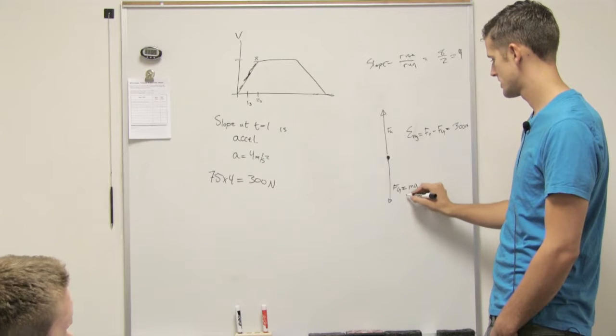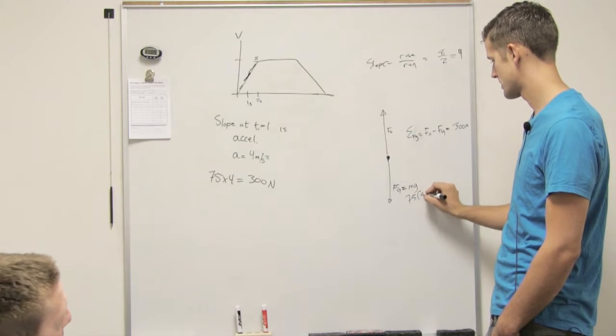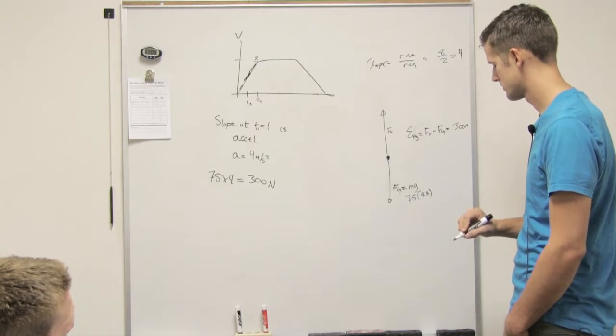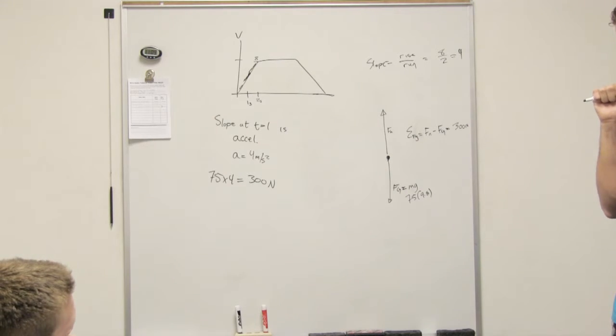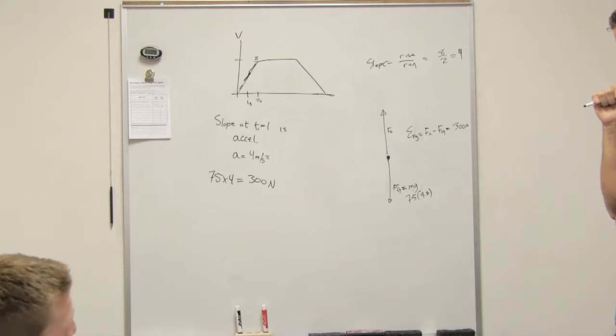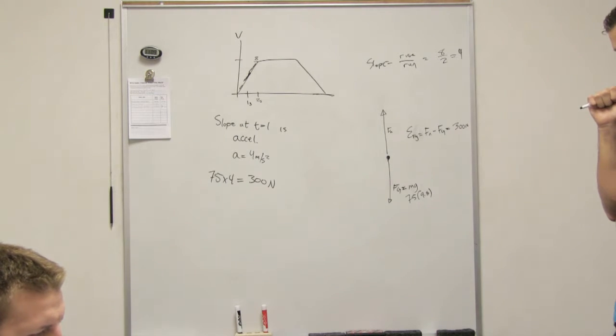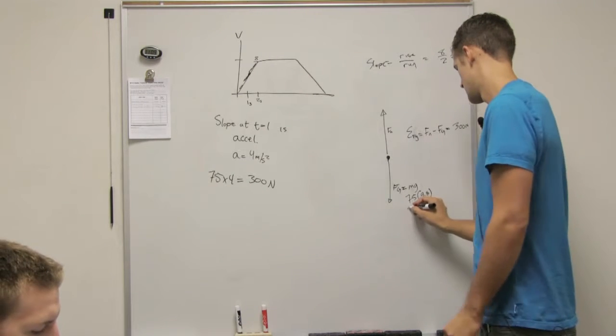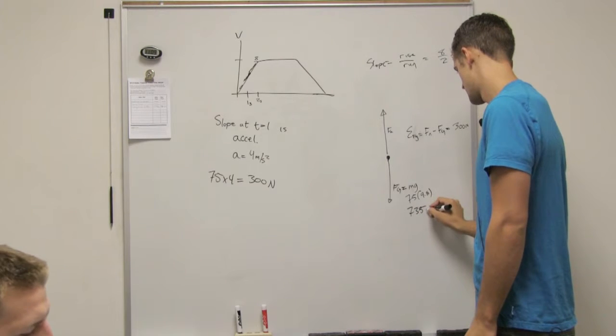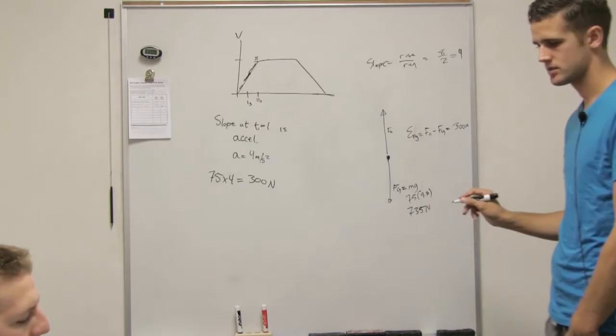It's going to be mg, 75 times 9.8. That's 735 newtons. I think.